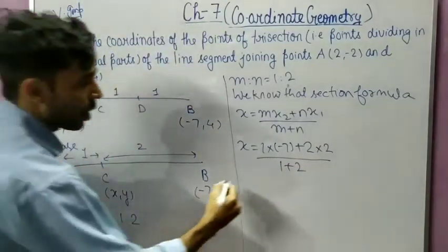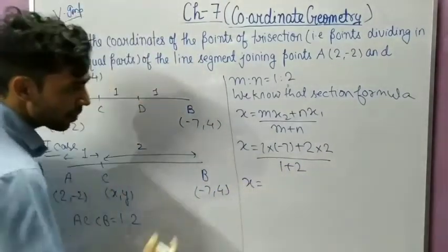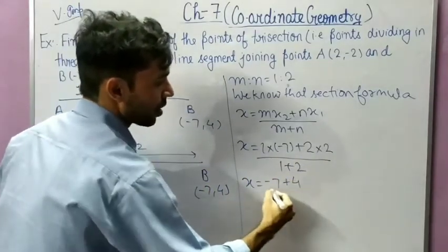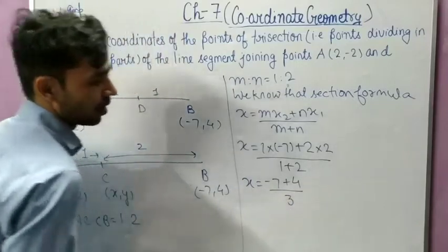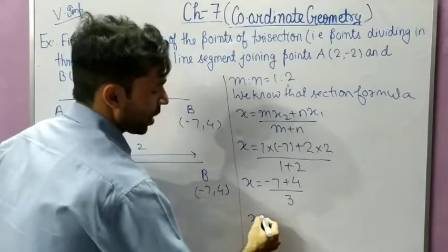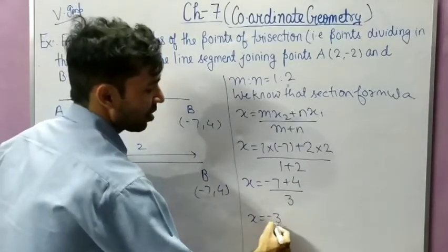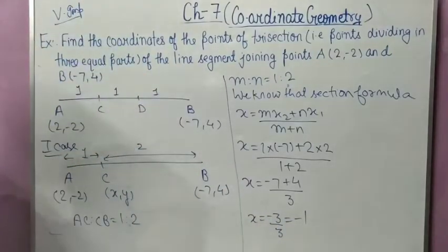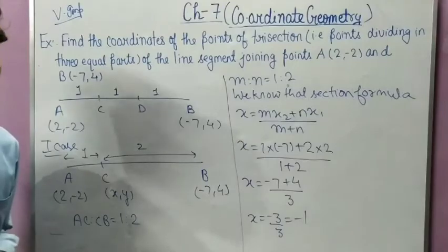Now x = (-7 + 4) / 3 = -3/3, so it will be -1. So we have got the value of x.